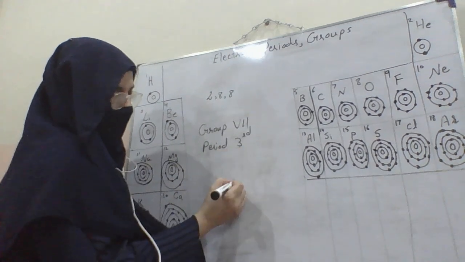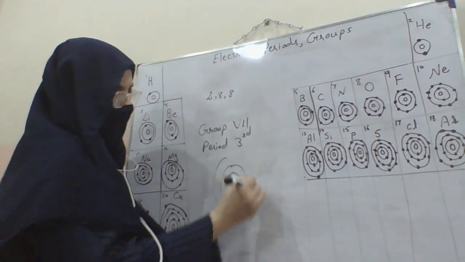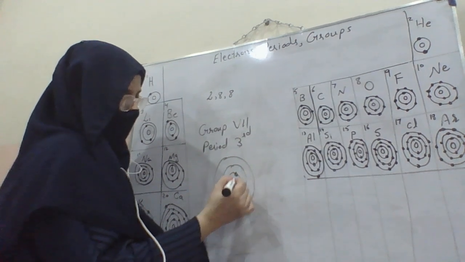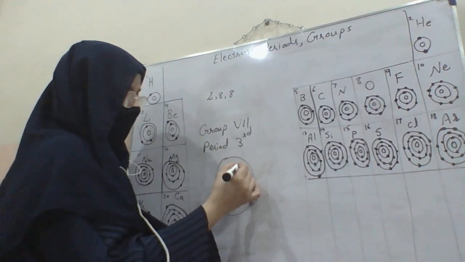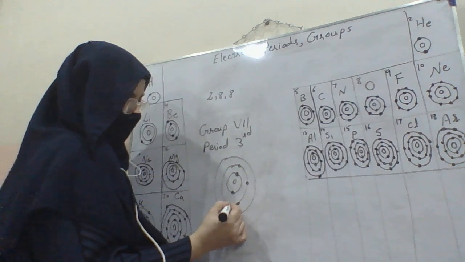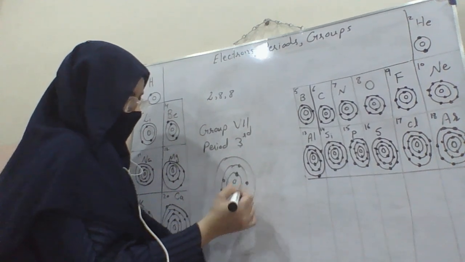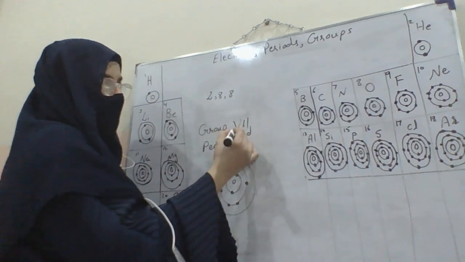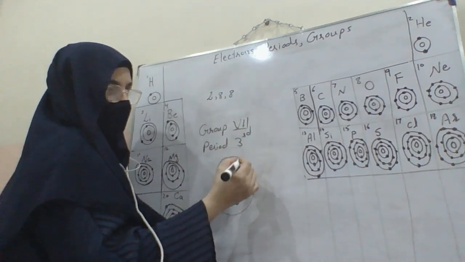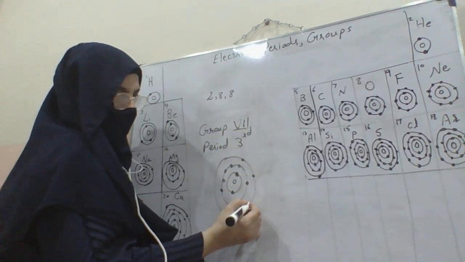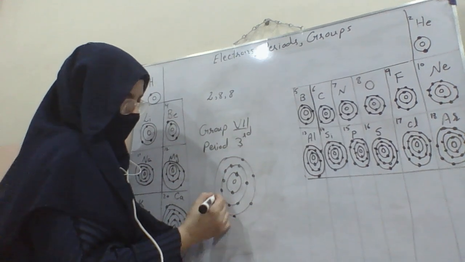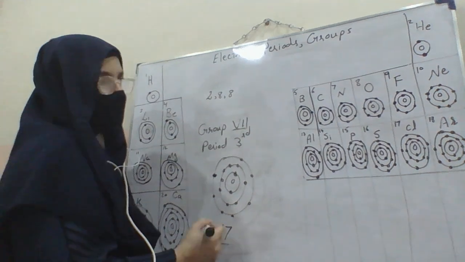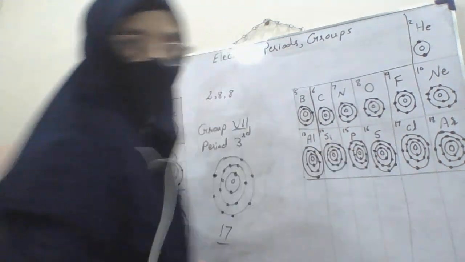The third period shows the element has 3 shells, and we know that in the first shell 2 electrons must be present, in the second 8, and in the third 7. And how many electrons in the valence shell? Group 7 shows 7 electrons in the valence shell. So if we count, the atomic number will be 17. So it means the element is chlorine.